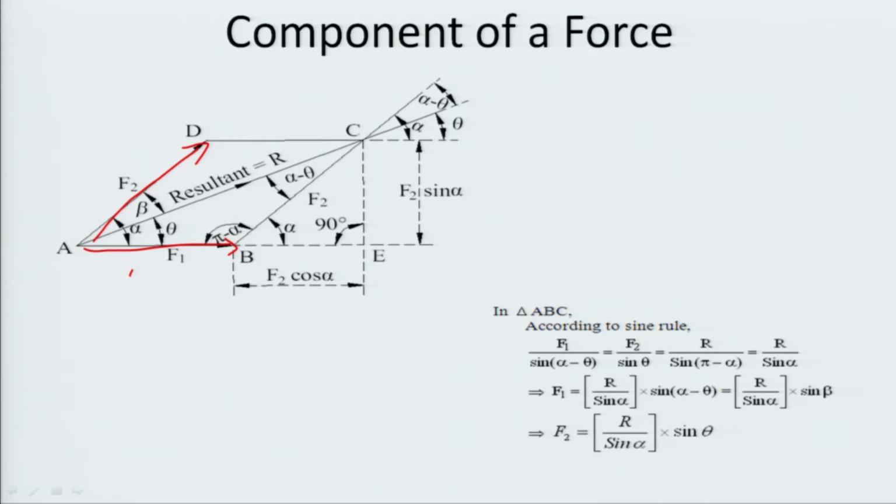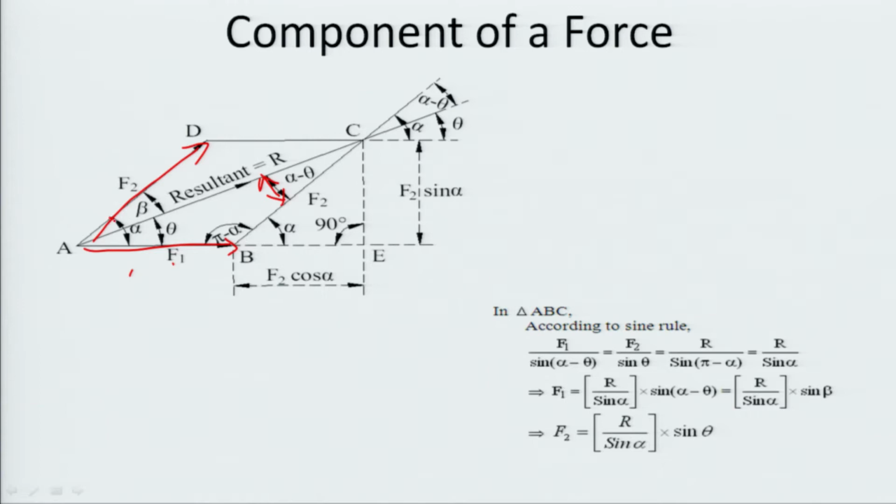With the help of sine rule, in triangle ABC, we can apply the sine rule. What we will get? We will get F1 divided by sine of this angle. What will be the value of this angle? Alpha minus theta. How?